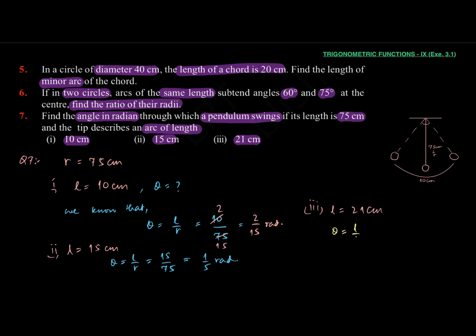Therefore, theta will be equal to L over R, that's equal to 21 over 75. And this will be equal to 3 times 7 and 3 times 25. So this will be equal to 7 over 25 radians.